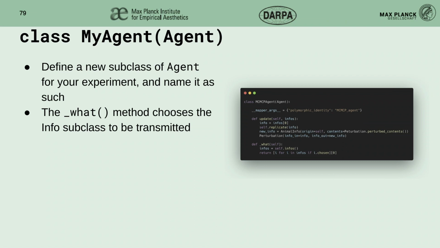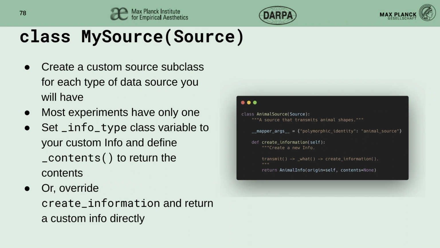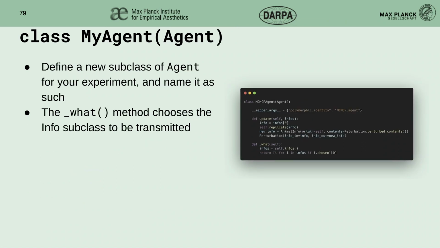When you say transmit, Dallinger goes, okay, what type of object is this? If it's an animal source, then this is a source, and the way a source transmits is it transmits whatever create information returns. If it's an agent, which type of agent is it? If it's an MCMCP agent, then it's this class. So what gets these infos and then does this Python to decide what to transmit.